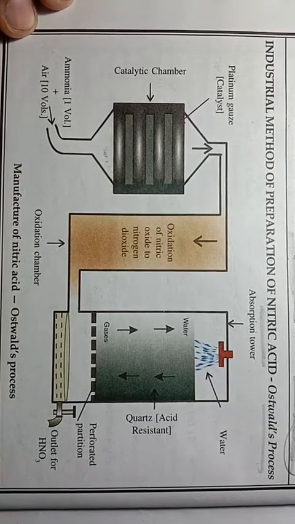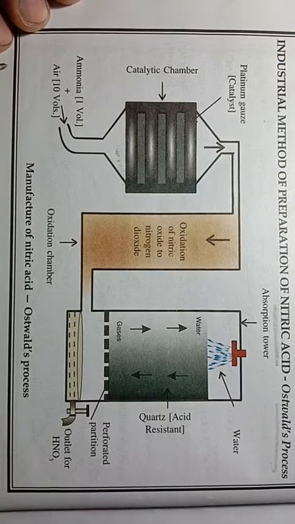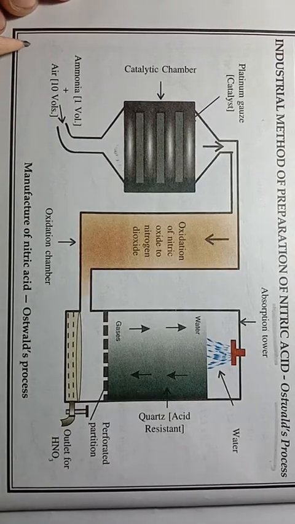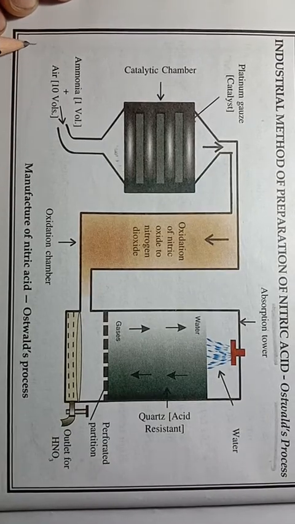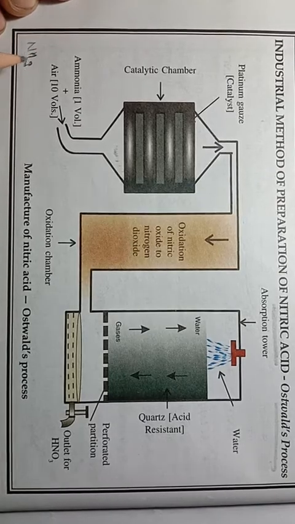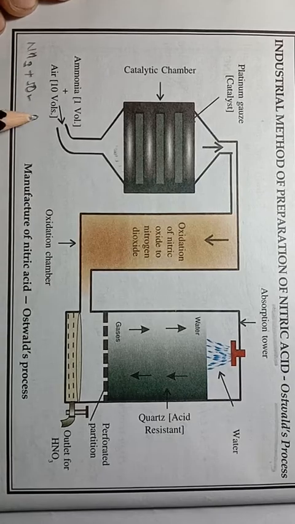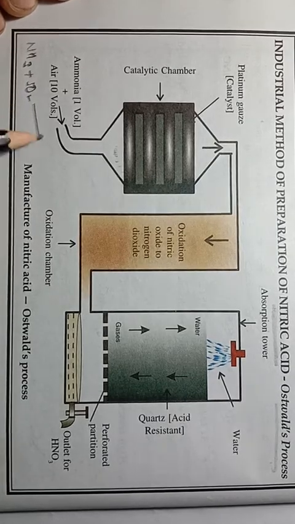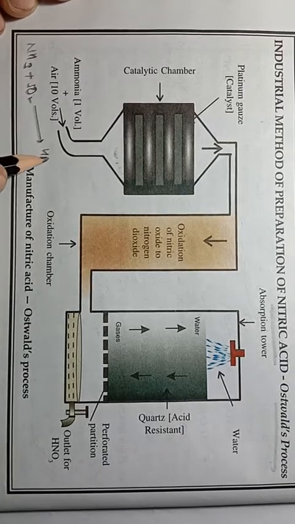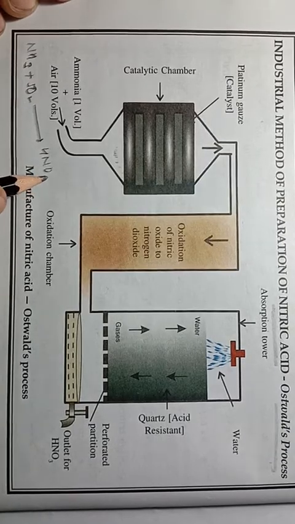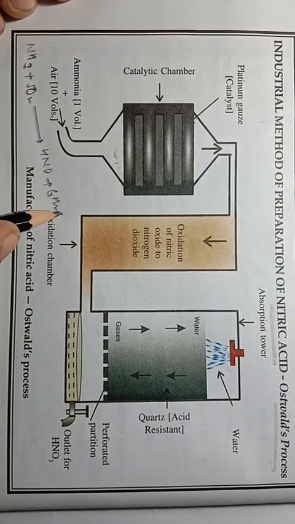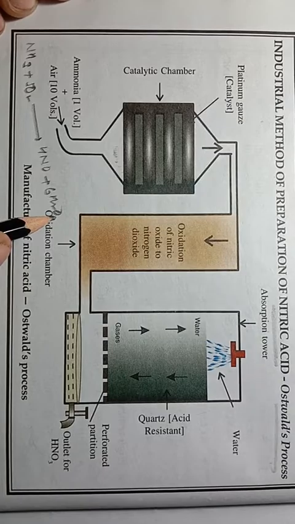Okay students, so what reaction is actually taking place here? Here ammonia, in the presence of oxygen, that is 5O2, is converted into nitric oxide plus vapor, and the reaction is exothermic in nature.